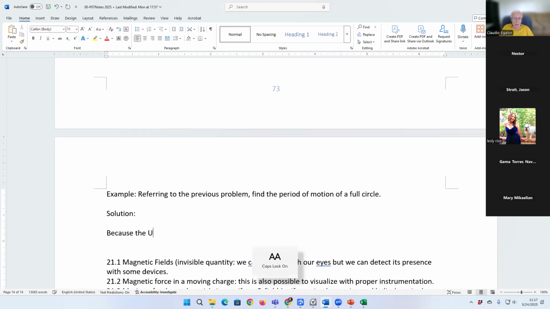Because the motion is UCM, uniform circular motion, right? We can write the following equation, okay?